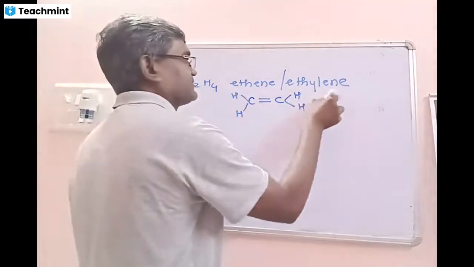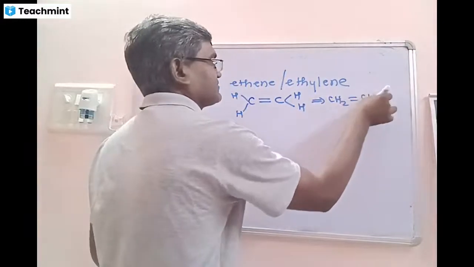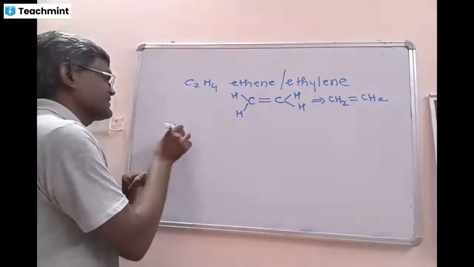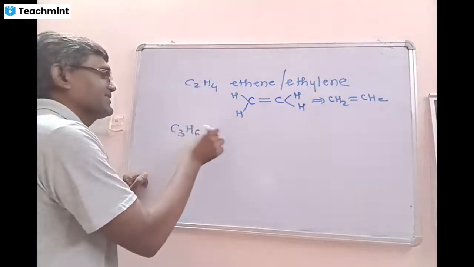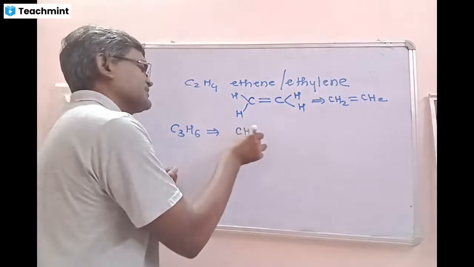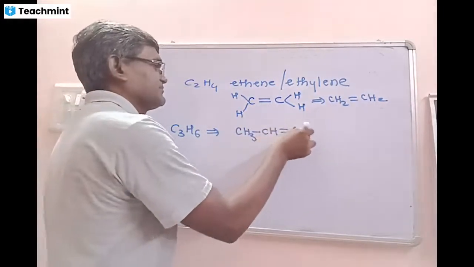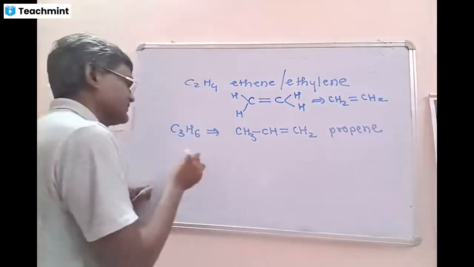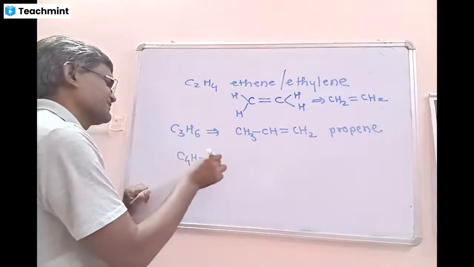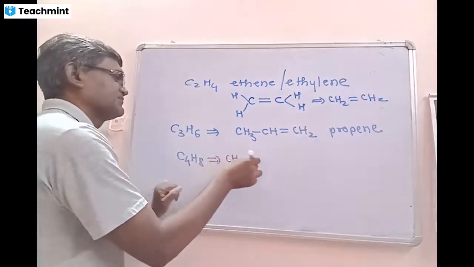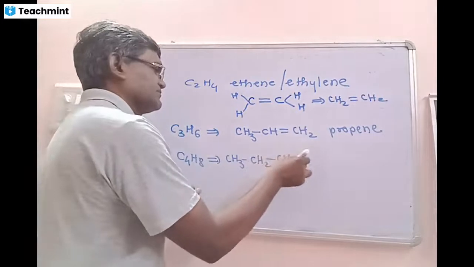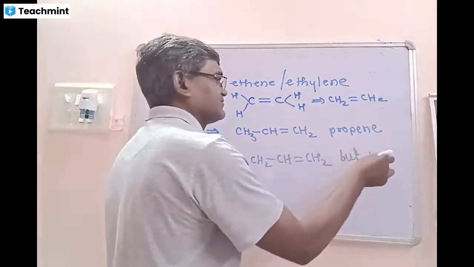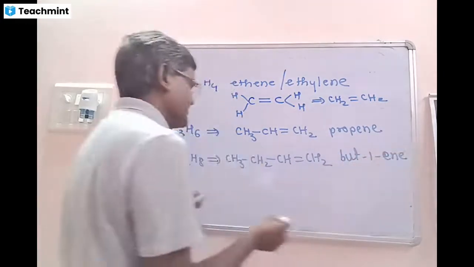Now this structure you can have like this: CH2 double bond CH2. That was your ethene. Then you go for C3H6. Then here two different things are formed. Okay, we go for this. Then what is the name? 1-butene.